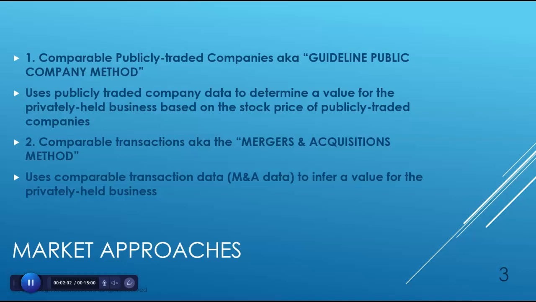What we're doing here essentially is we're looking for market pricing of similar companies to our subject company. For instance, if I was valuing a coffee company, I can go find the stock price for Starbucks on my valuation date.